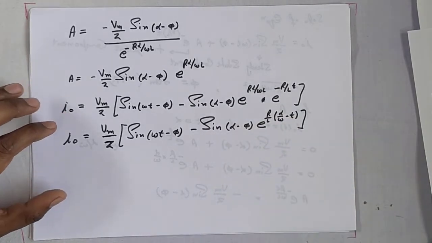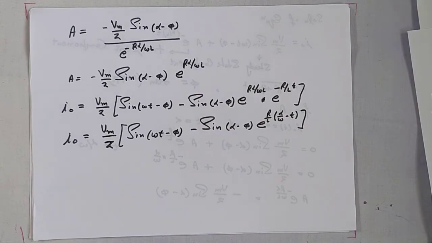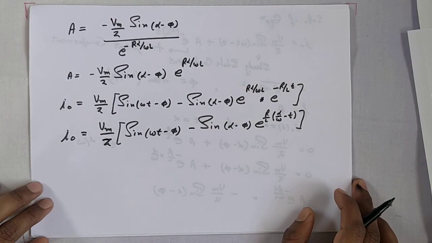So this is the output current equation for a single phase full wave AC voltage controller with RL load. Thank you very much.